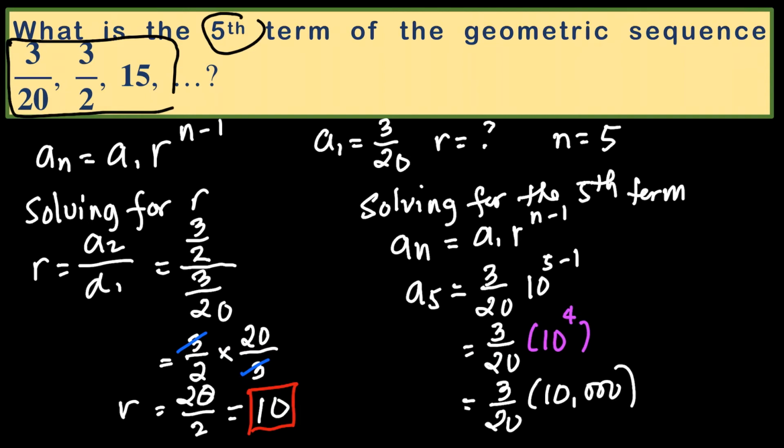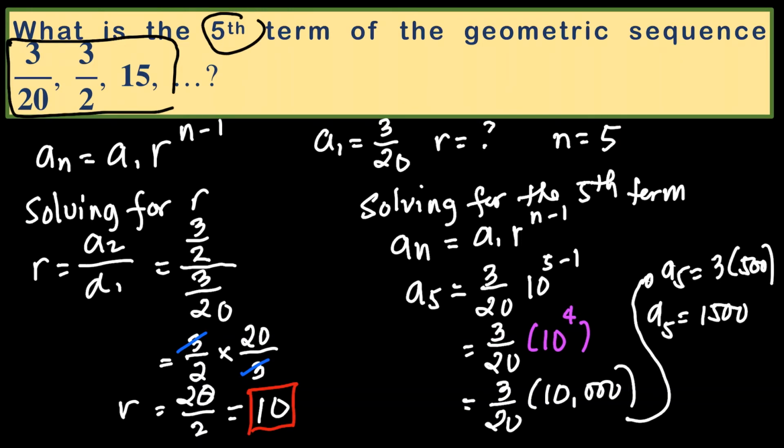So we have 3 times 500, and 3 times 500 gives us 1,500. This is the fifth term of this sequence.